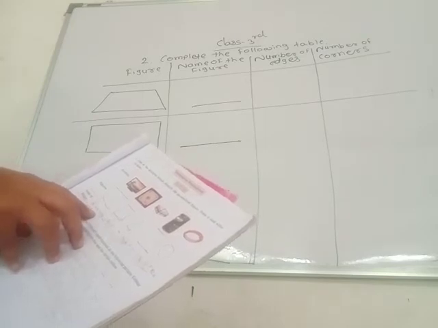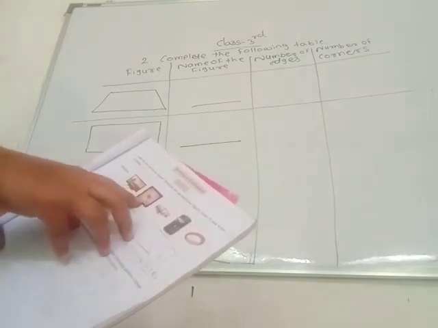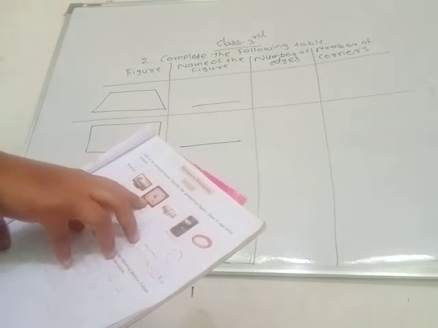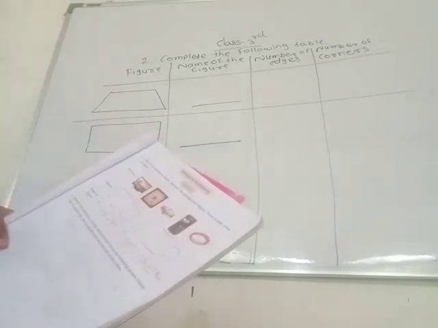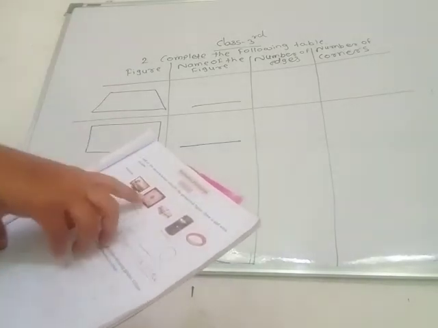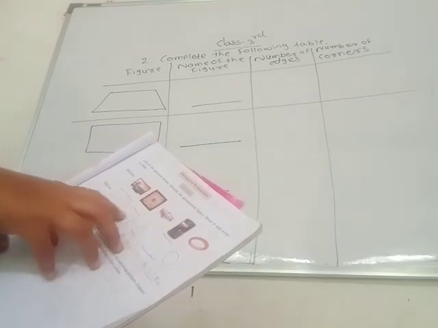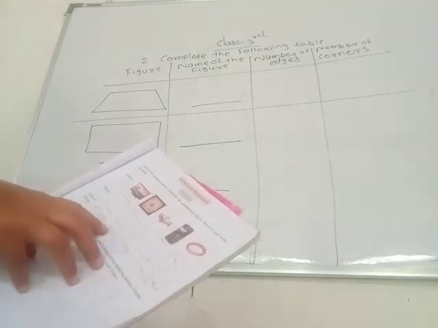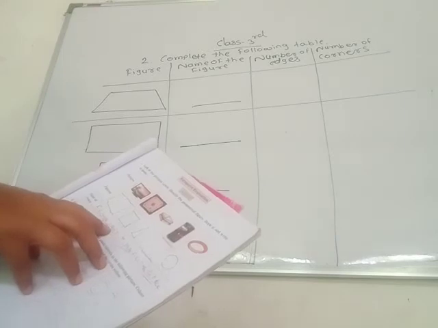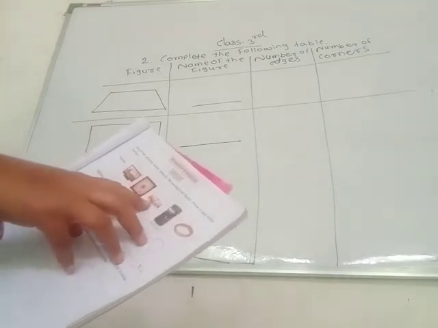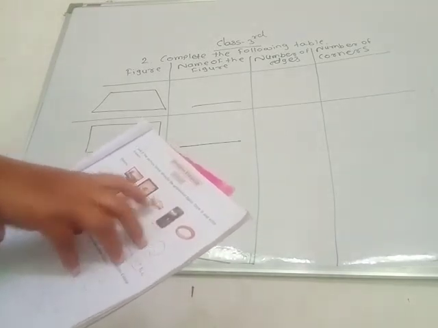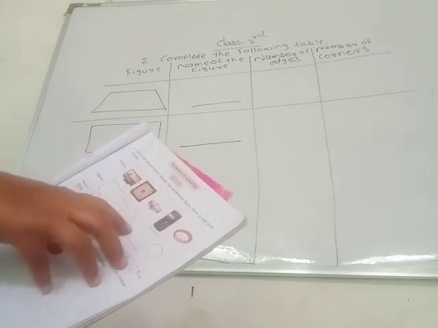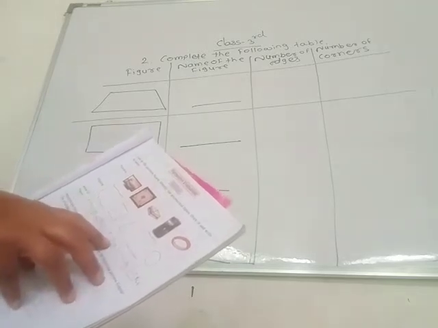Then next one, see this picture like a square carom board, then you draw here this square figure and you write the name here, square. Then you see this sandwich, this triangle type, then you draw here a triangle and write here the name triangle.